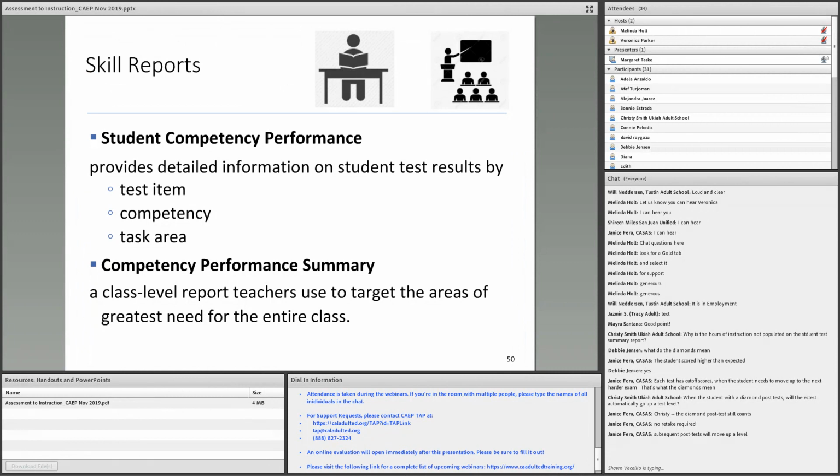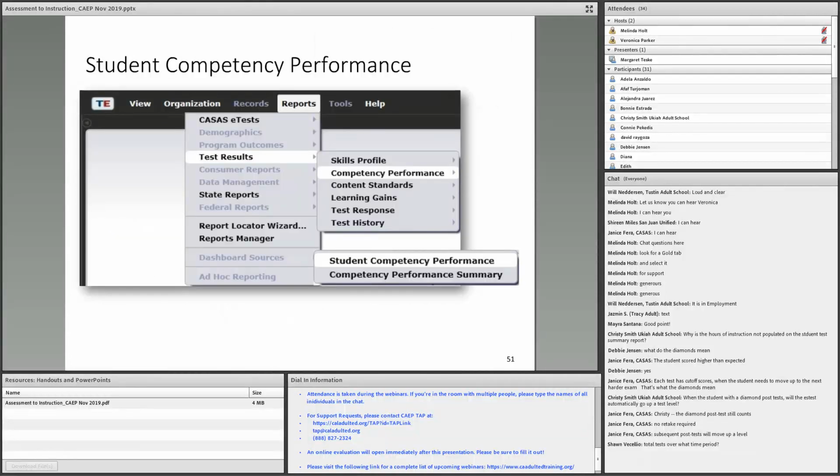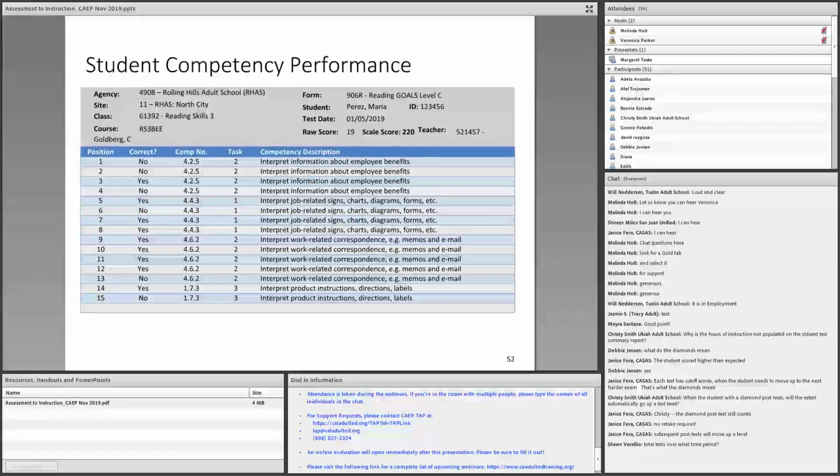Student competency performance and competency performance summaries. These are two different types of reports, again, student focused and class level focused. Student competency performance, again, under test results. Competency performance, this would be student competency performance. Here it is, again, Maria, the position on the test. So that is the item number, whether she got the item correct or not.